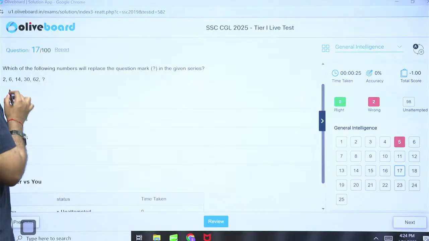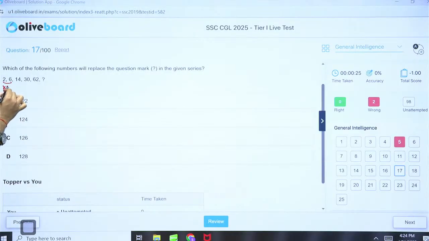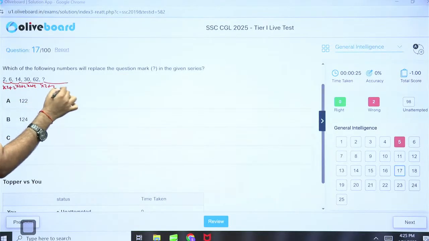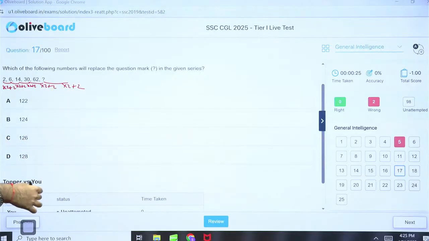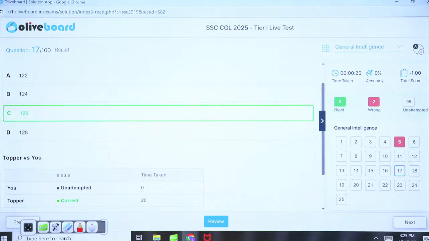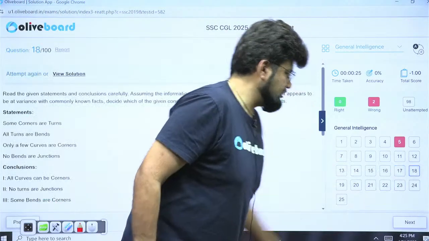It's a very simple process again. Multiply by 2 plus 2, multiply by 2 plus 2, multiply by 2 plus 2. So 62 into 2 plus 2 will give you your answer. That is 124 plus 2, 126. Option C is the correct answer. Fast forward. Next.